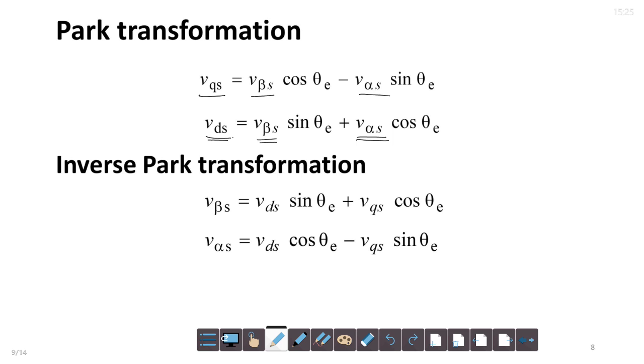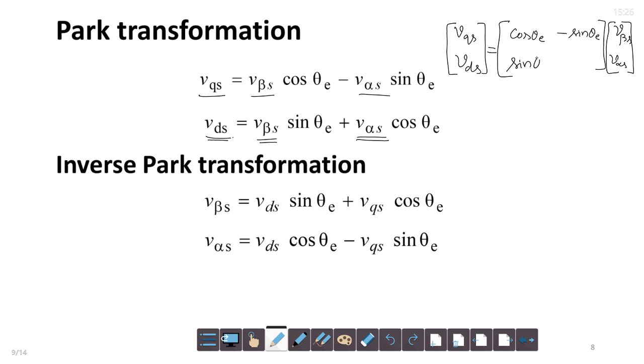You have the VQS, VDS vector: VQS is cos theta e V beta S minus sin theta e V alpha S, and VDS is V beta S sin theta e and V alpha S cos theta e.